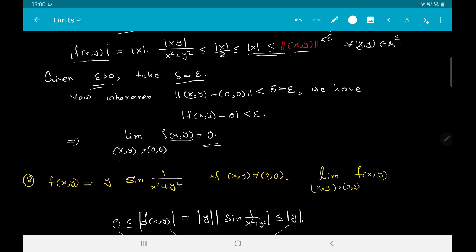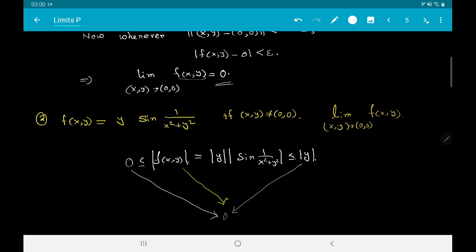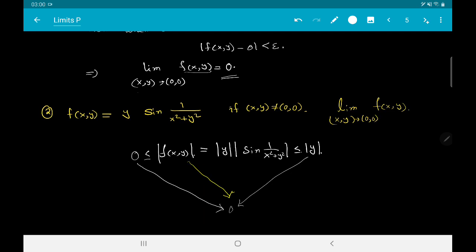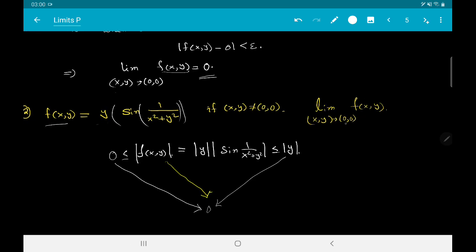I finish this very small calculation by taking f(x,y) to be the function y times sine of 1 by x square plus y square if (x,y) is not equal to (0,0). So the question again is whether the limit as (x,y) tends to (0,0) of f(x,y) exists. Does it exist?